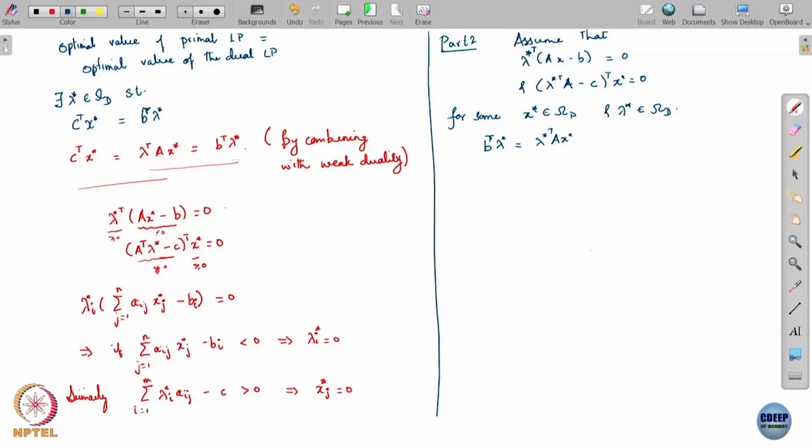Now, the second equation, okay, I made a mistake in writing this, sorry.